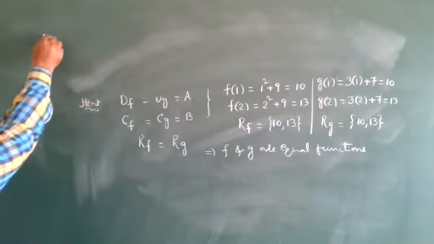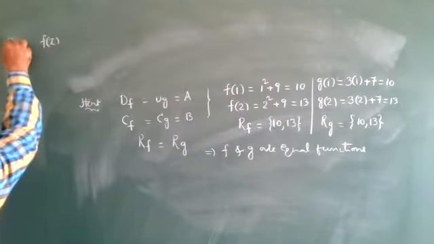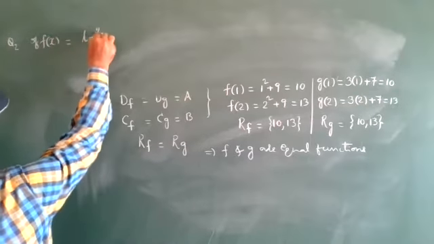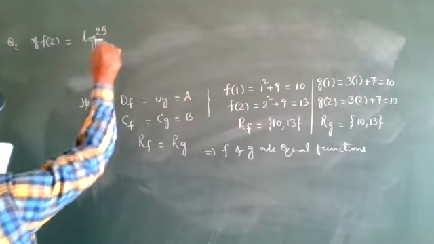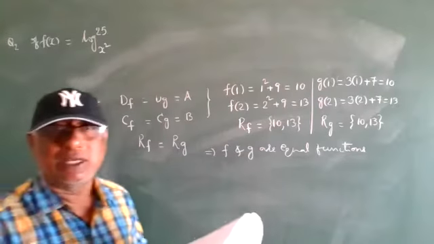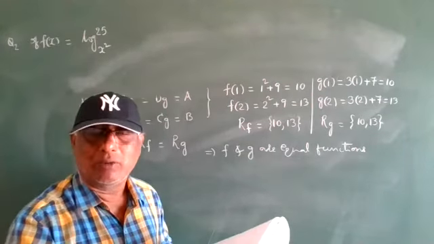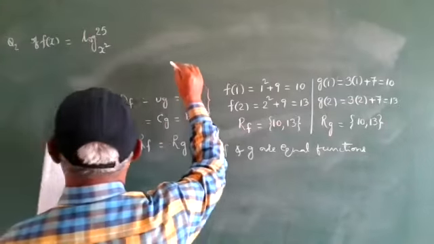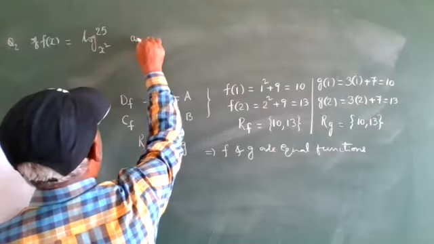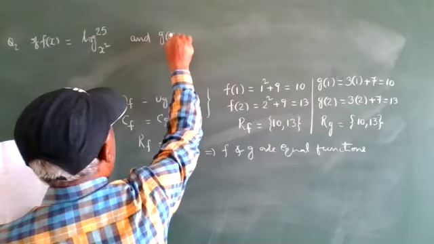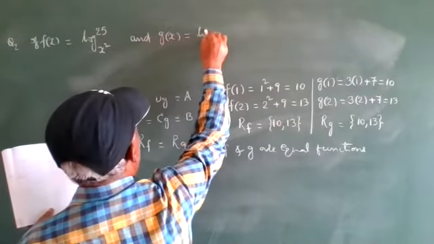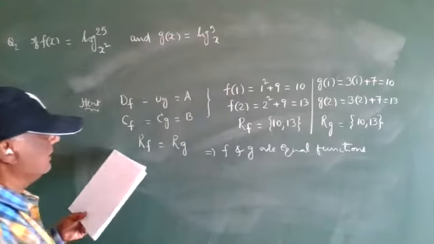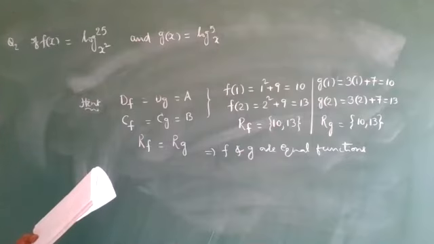Second bit: if f of x is equal to logarithm of 25, base x square. In a logarithm, the base is not equal to 1, not equal to a negative value, not equal to 0. And g of x is equal to log of 5 base x.